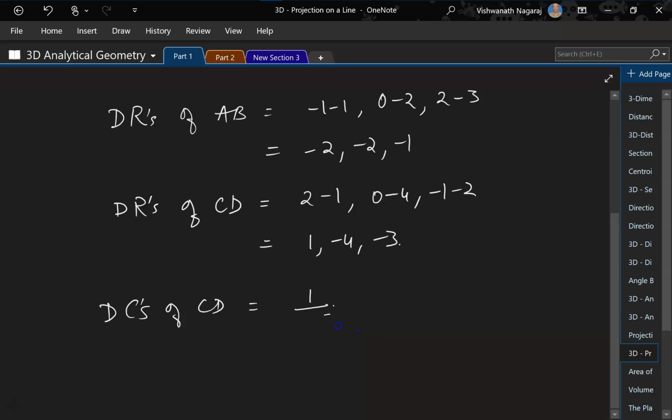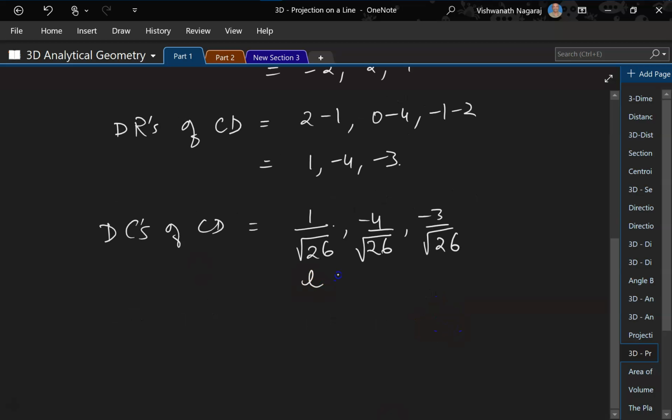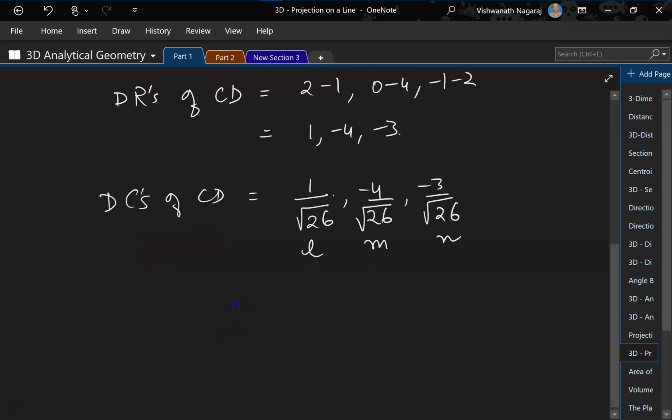So 1 by root 26, minus 4 by root 26, minus 3 by root 26. Here this is L, this is M, this is N. L, M, N are the direction cosines of CD.